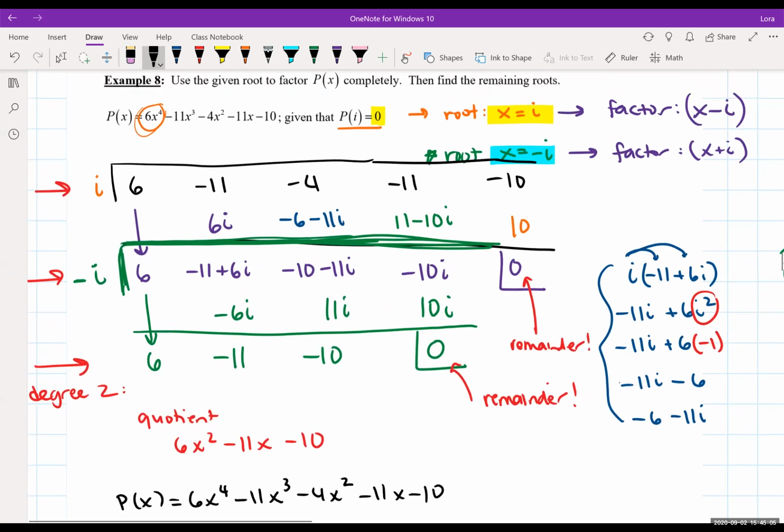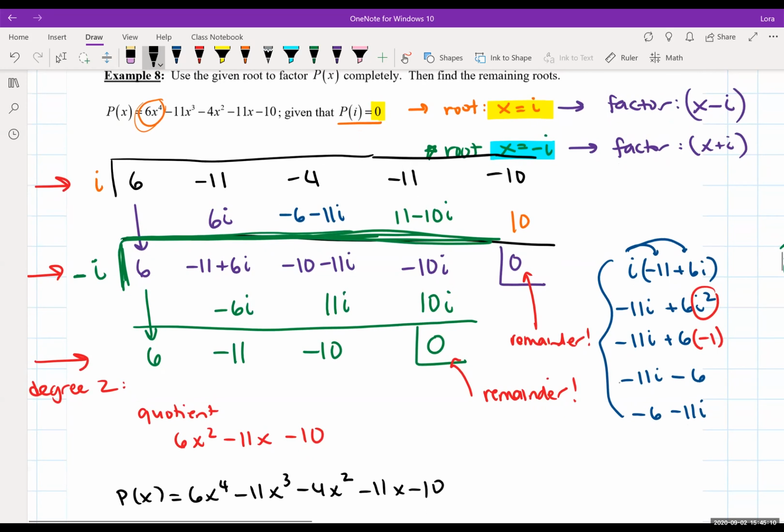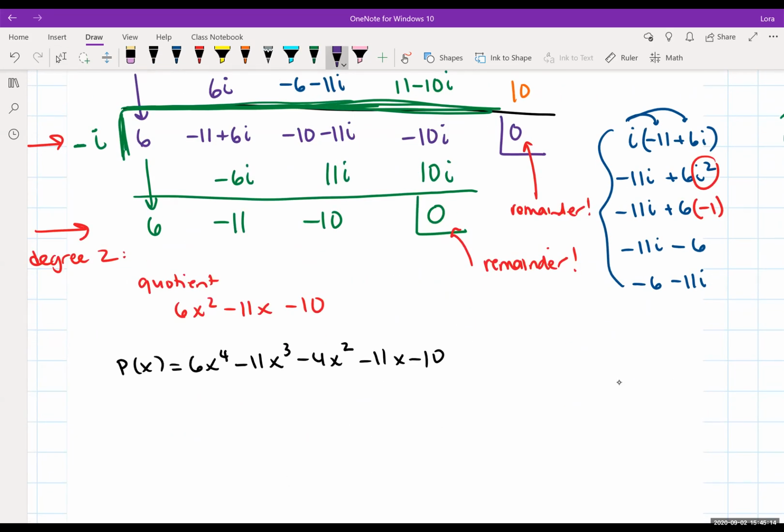Knowing what we know about our given roots and the conjugate root theorem, we have our factors. We figured out i was a root, so x minus i was a factor. By the conjugate root theorem, if i is a root, negative i is a root. So by the factor theorem, x plus i is a factor.